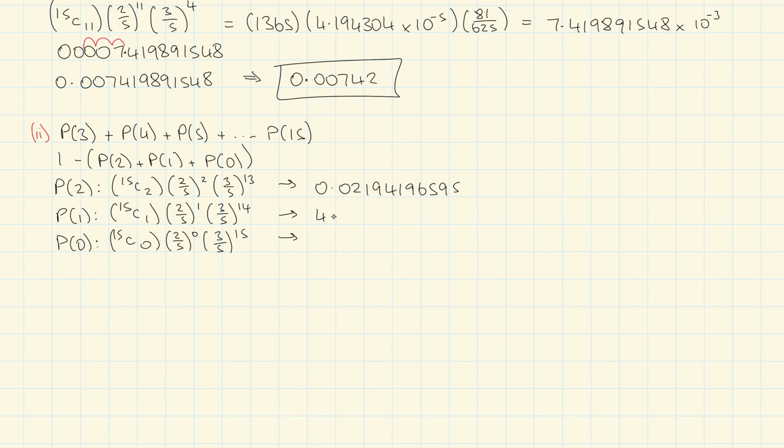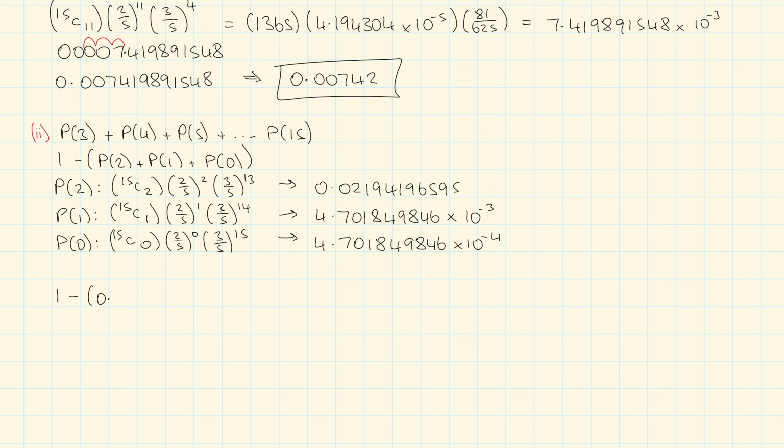We get 4.701849846 by 10 to the power minus 3. And then 15 choose 0, 2/5 to the power 0, 3/5 to the power of 15. Again, another small number, 4.701849846 by 10 to the power minus 4.